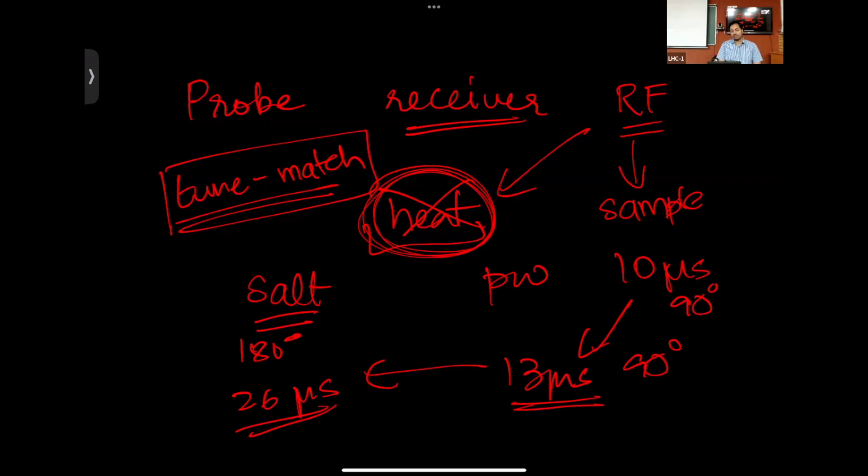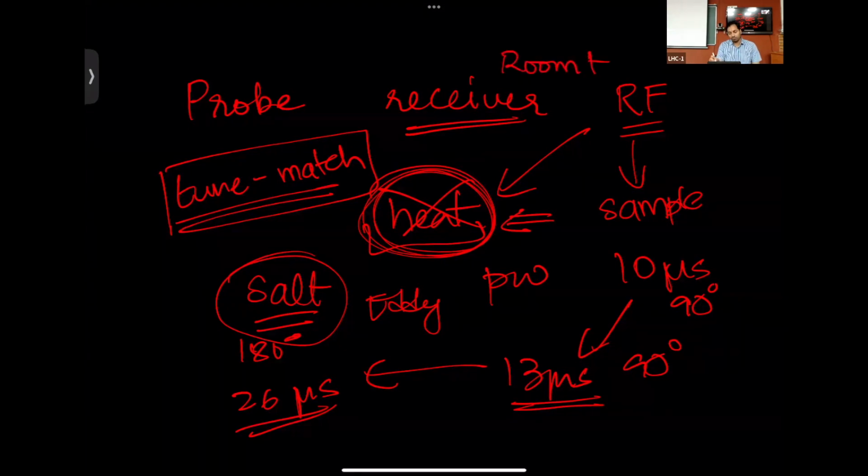So the moment you have high salt, there are eddy currents, which will result in wastage of heat. And since that happens, you will not be able to set up your experiment in the most optimal way. This is generally combated when people use a room temperature probe. Since we are working in biomolecular labs, we use something called a cryogenic probe or a cold probe, which is super sensitive to salt concentration.